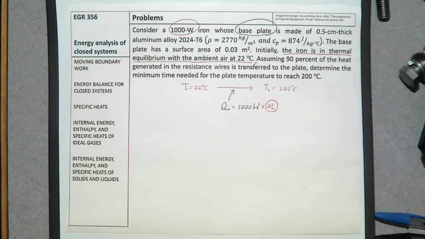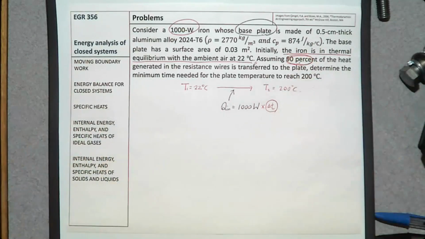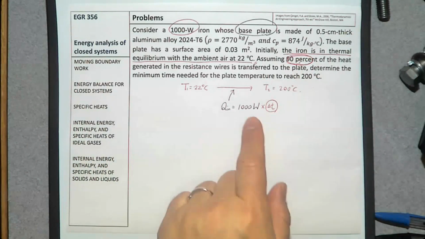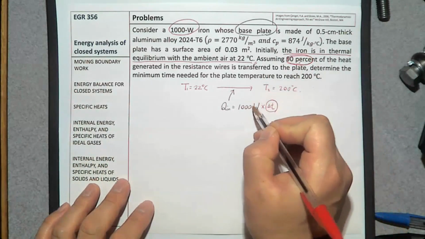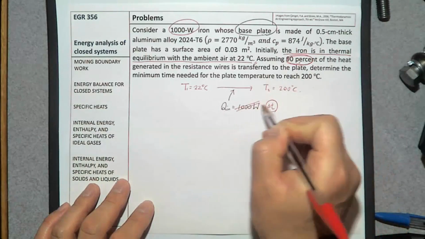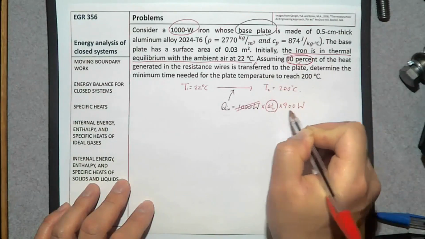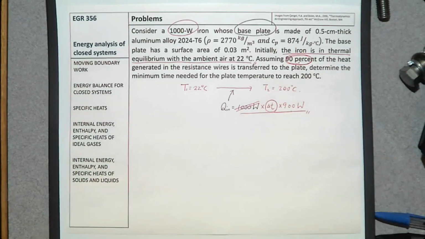And it says only 90% of the heat generated in the resistance wires is transferred to the plate. So 10% is lost to the air. So not 1000, it's going to be 900 watt. 900 watt times t is heat transfer Q.